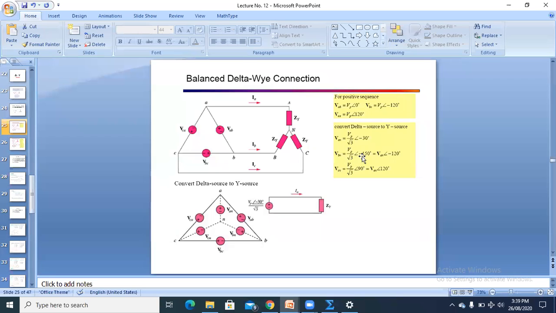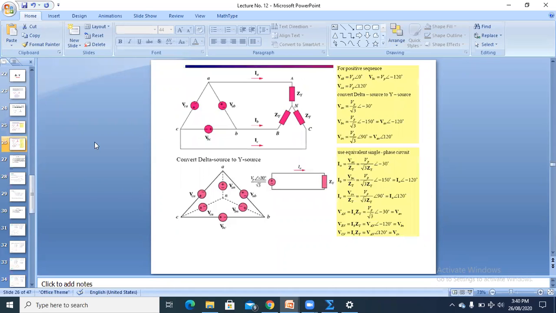In that way, we find VBN and VCN, and we calculate them in terms of VAN, which is the reference voltage. This is the positive sequence, so the phases are minus 30 degrees, minus 150 degrees, and plus 90 degrees, or minus 240 degrees.